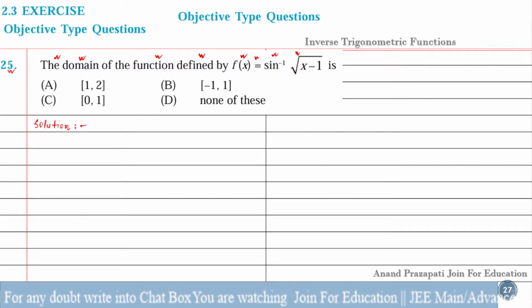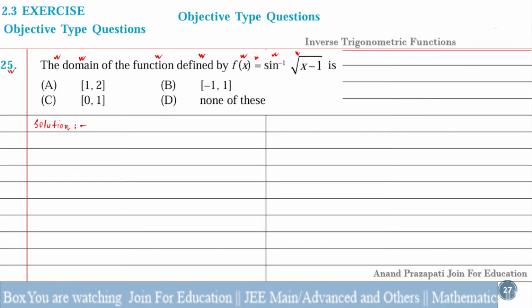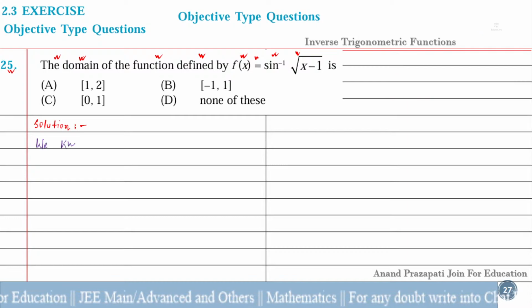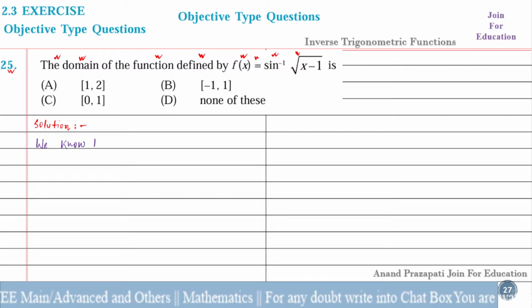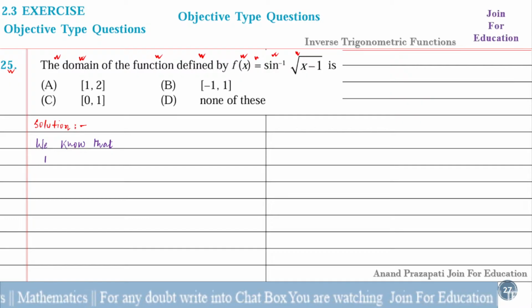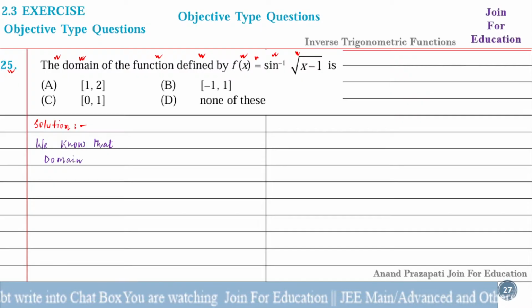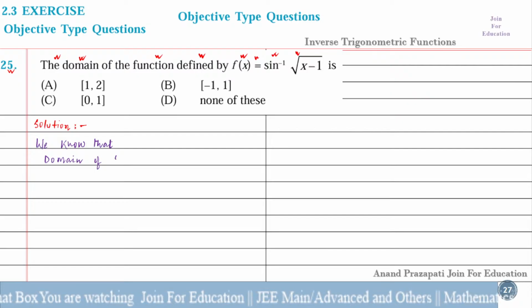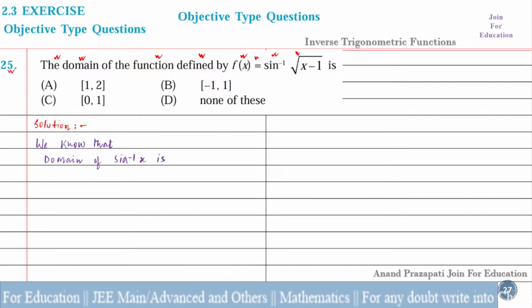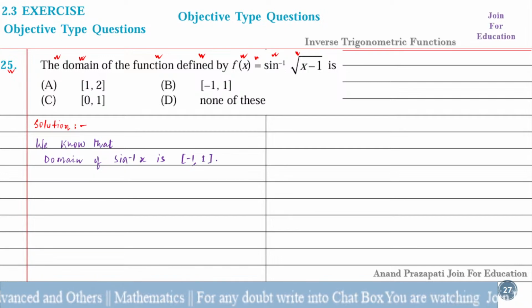So we know that the domain of sine inverse x is minus 1 to 1 in the closed interval.